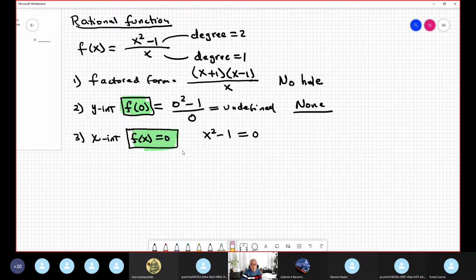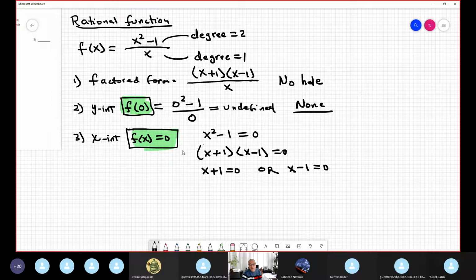The polynomial at the top, you take in the regular way or in the factored form. Either way. I prefer, in this case, I don't know why, the factored form. And you discover, okay, x plus 1 is 0 or x minus 1 is 0. Therefore, negative 1 and positive 1.